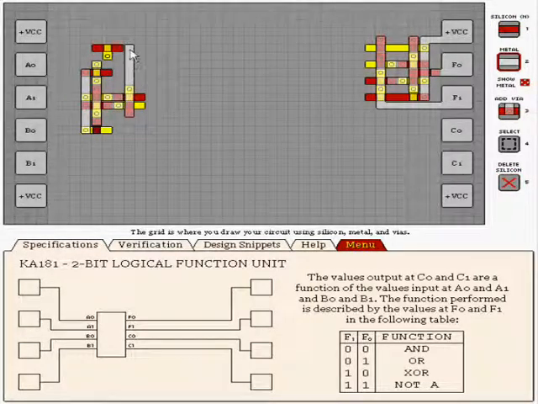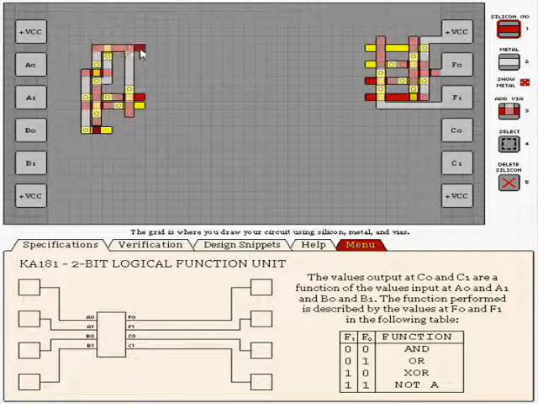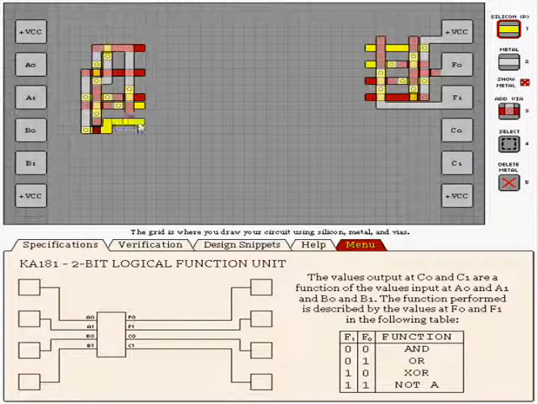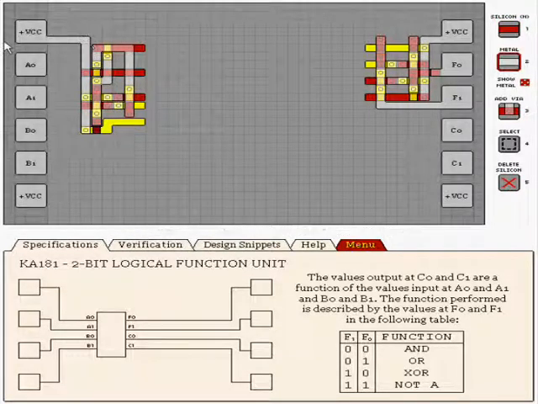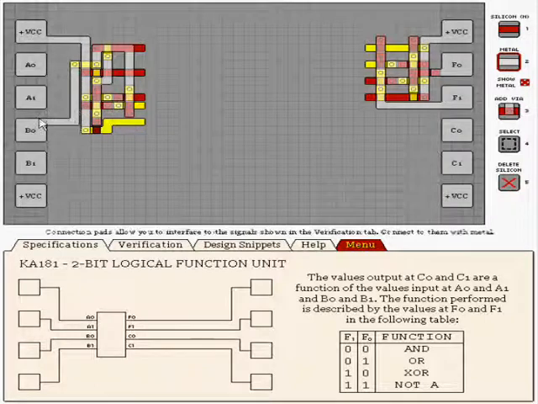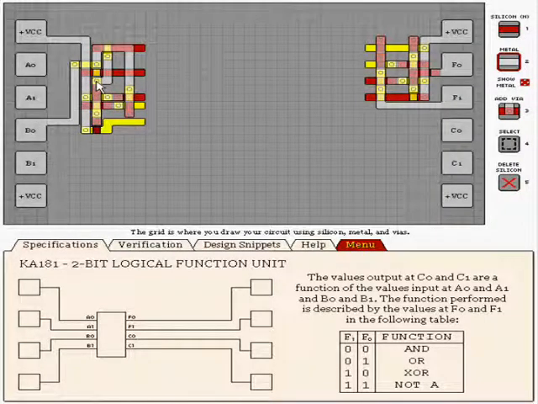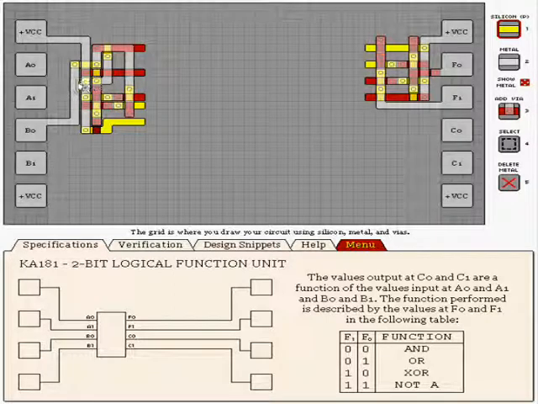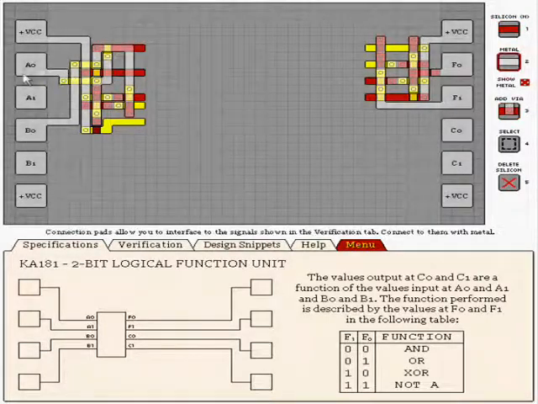Might attach this bit to B. Sticking out there. Right, so this one's a permanent power supply. This bit's B, and this bit's A.